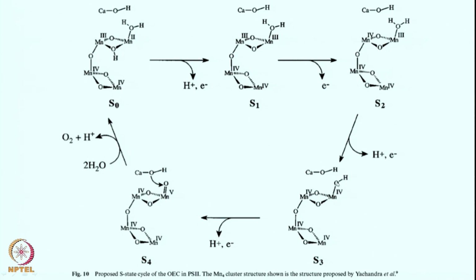So, this manganese oxygen double bond can be formed right over here, right. So, at this stage it is believed that this hydroxo, which is sitting very close to this manganese oxo, can attack as a nucleophile on this electrophile to form the oxygen bond, and therefore overall 2 water molecules give rise to the oxygen and proton, and this overall process will convert S4 to S1.